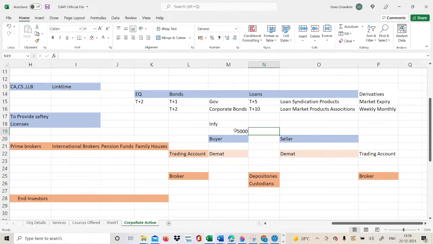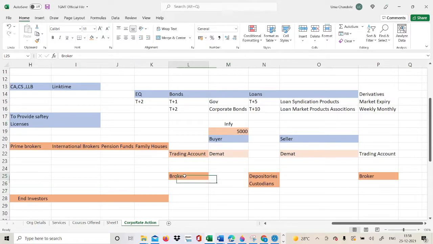you will first send a request to your broker, because while selecting the buy order we choose the delivery option as well. So you are looking for intraday or delivery, right? When you provide that instruction, it is received by your broker, only instructions. Then the broker will try to book the contract.